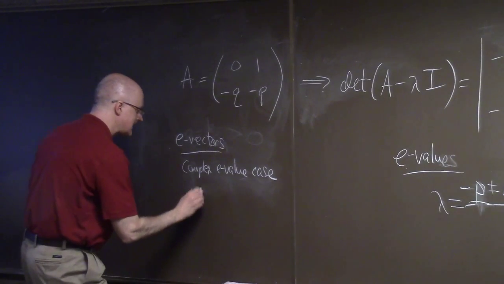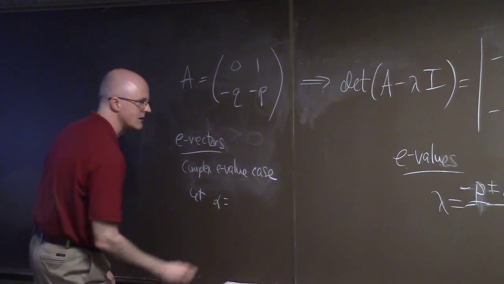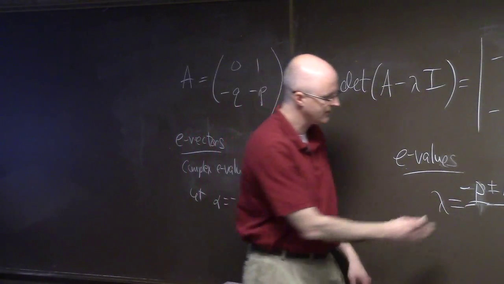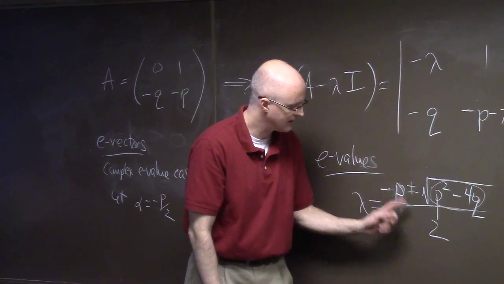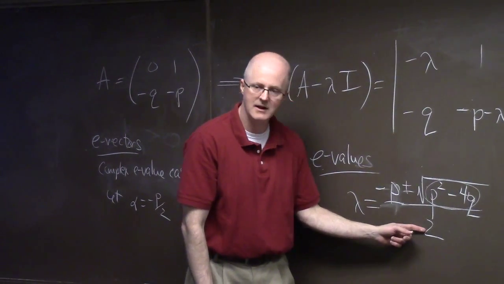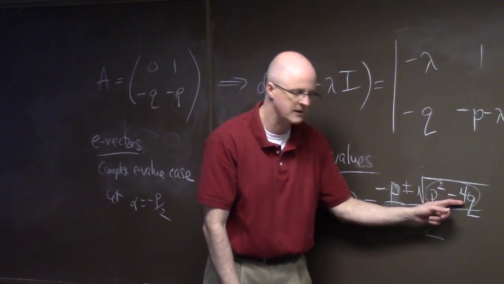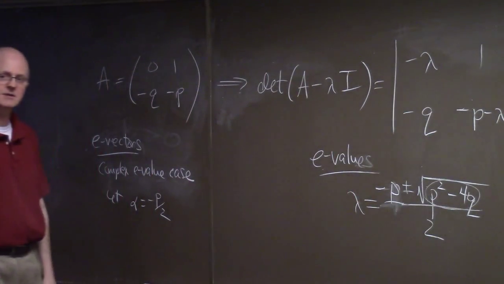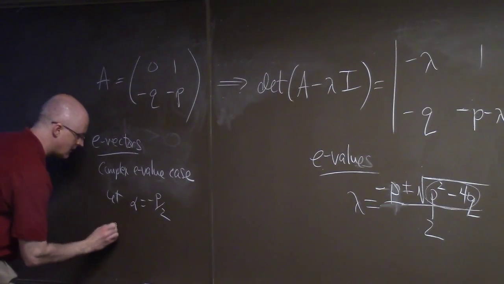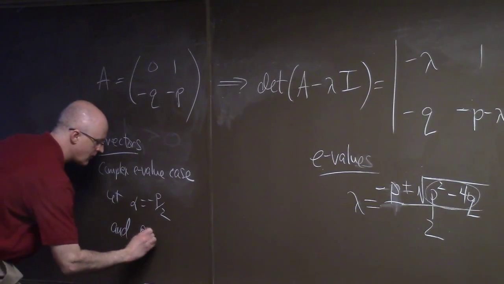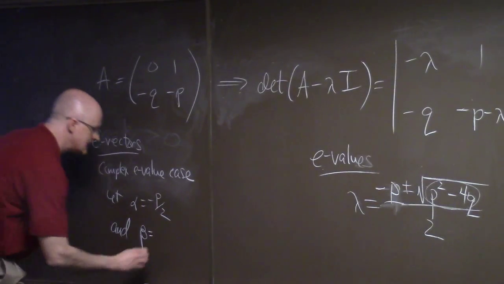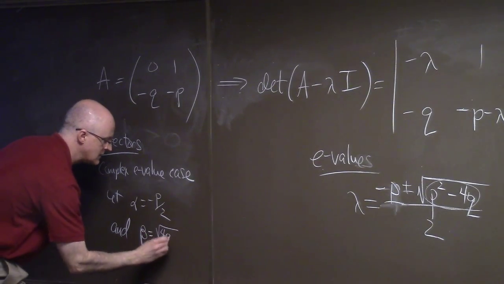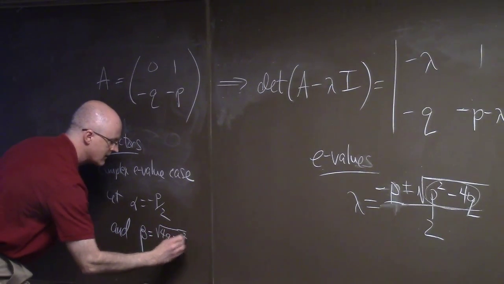I could let alpha equal negative p over 2, the first part there from the quadratic formula. And I'm in the complex eigenvalue case, so p squared minus 4q is negative. The imaginary part of your eigenvalue will actually be the square root, switching the order around inside the square root, of 4q minus p squared, over 2.